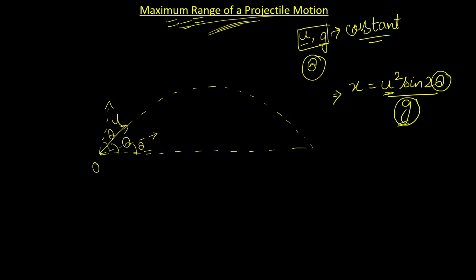For finding the maximum range, or the maximum of any variable, we need to take the help of calculus, either for finding the maxima or the minima. In this case, we are going to find the maxima, that is, the maximum range of a projectile motion. For that, let us differentiate this x with respect to theta, because x is only a function of theta now, as we are supposing that u and g are constant.